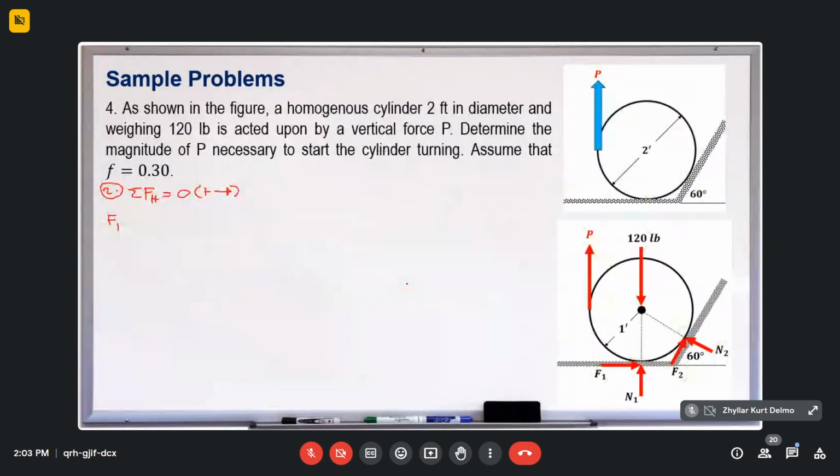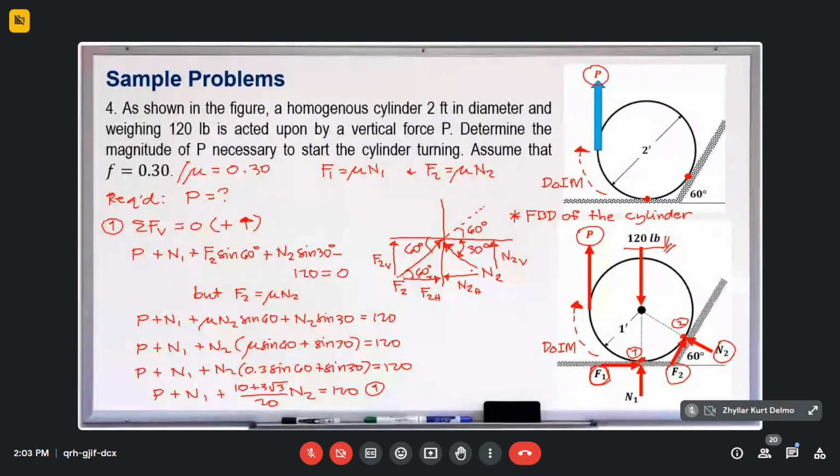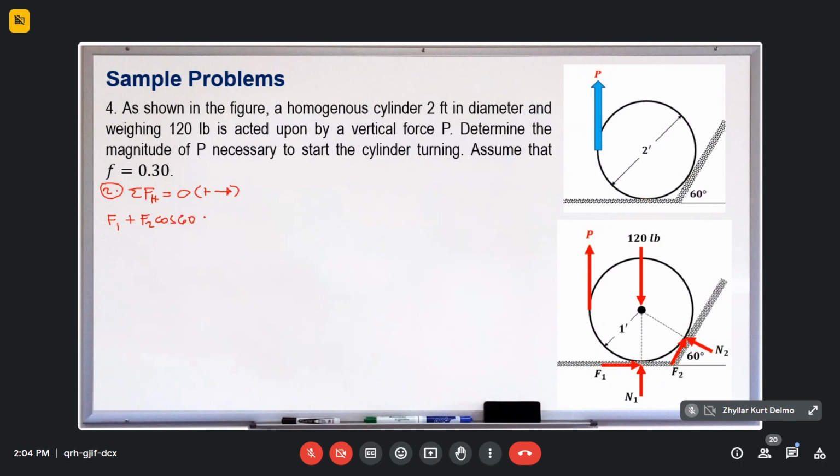So plus F2 cosine 60, whereas si N2, negative ang iyahang horizontal component. That's cosine 30. So minus N2 cosine 30 degrees, that is equal to 0.